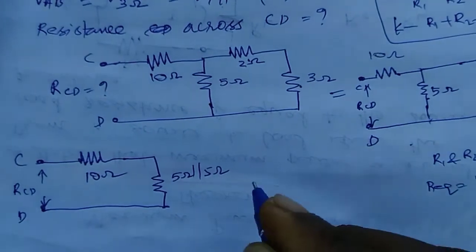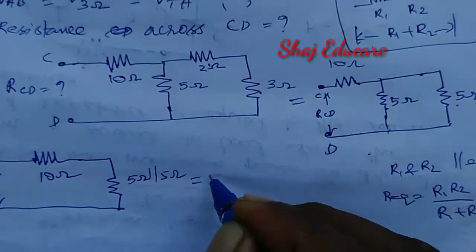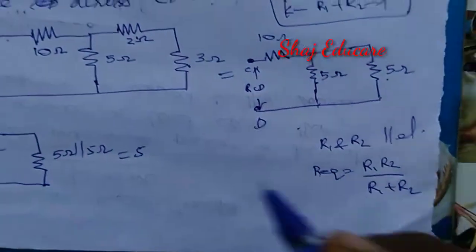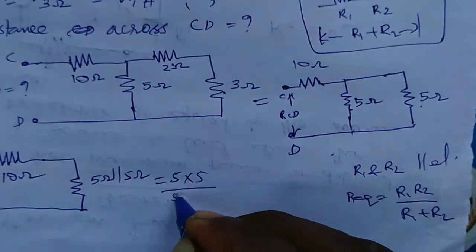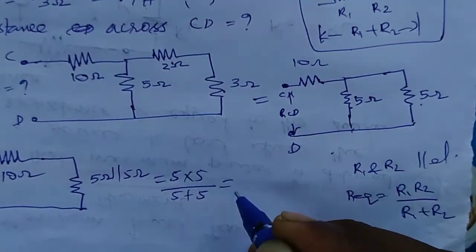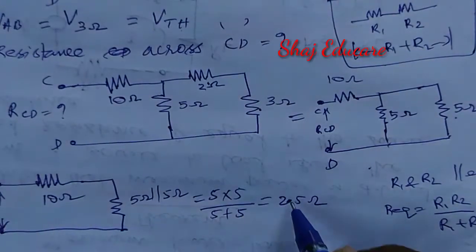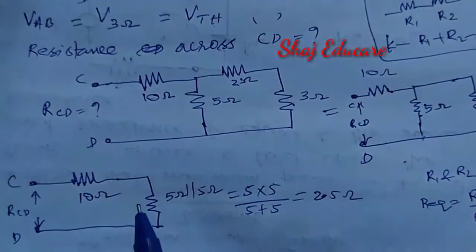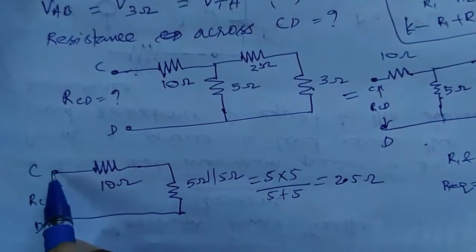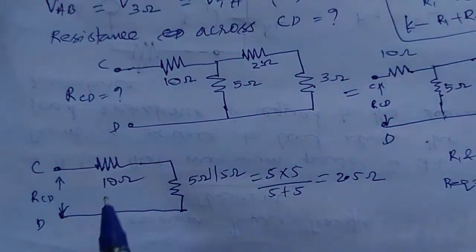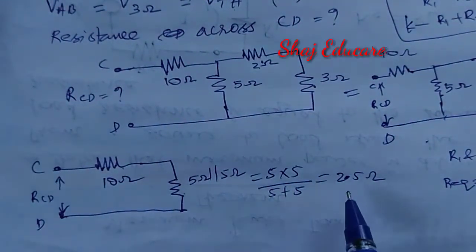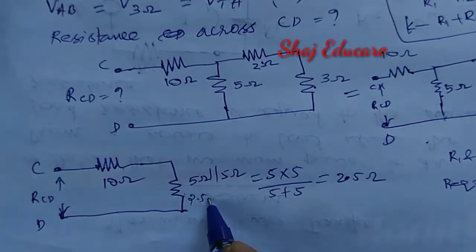What about this calculation? 5 ohm and 5 ohm, by using this formula, 5 into 5 divided by 5 plus 5, that will be equal to 2.5 ohm. Now, what about the equivalent resistance across C and D? This 10 ohm and this 2.5 ohm.